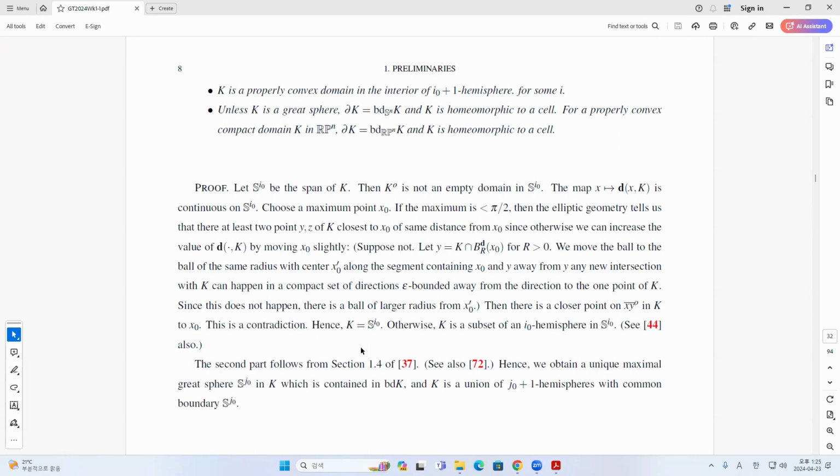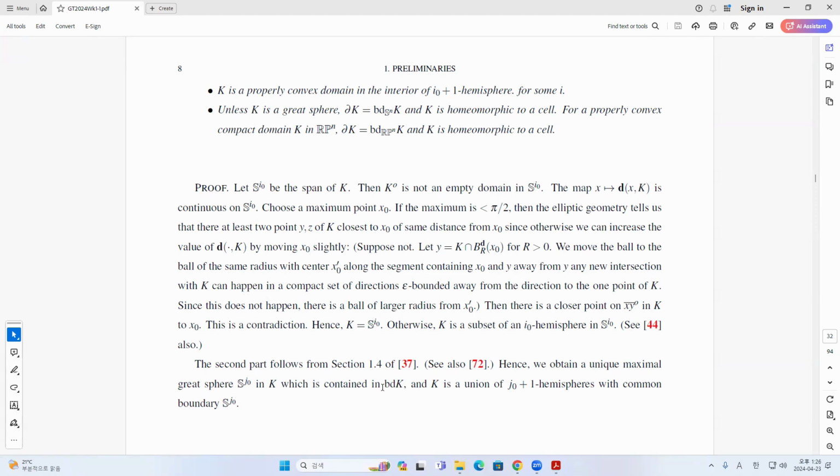This is a contradiction. Therefore, this maximum has to be pi over 2 or bigger. If it is pi over 2, then K is in some hemisphere. Okay. So if you know that these are in the I0 hemisphere, then you can use the work in the affine case to get the result.